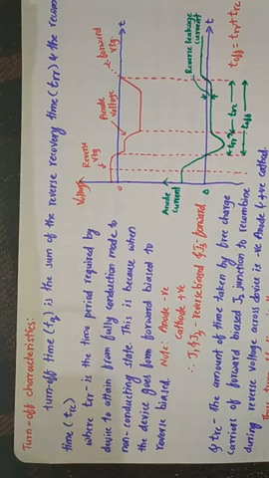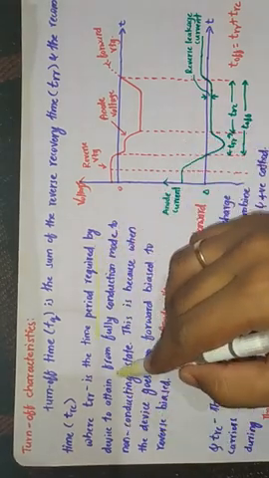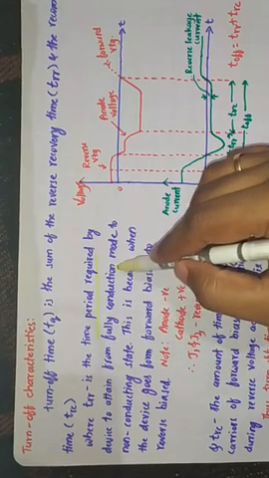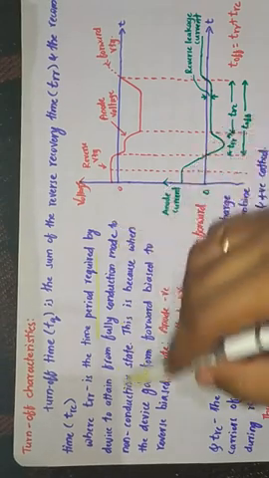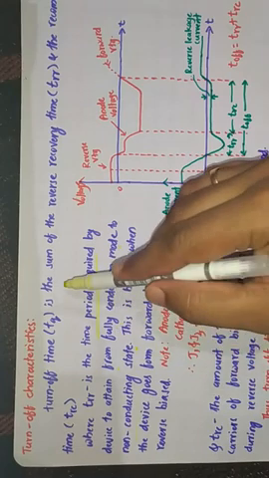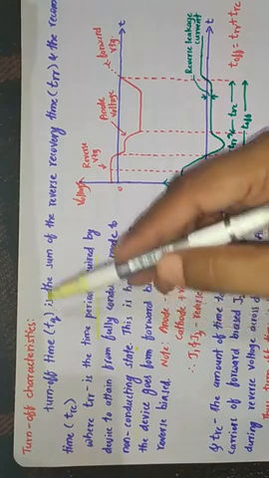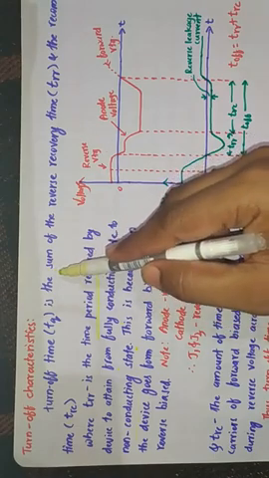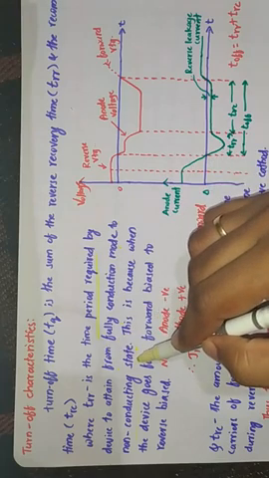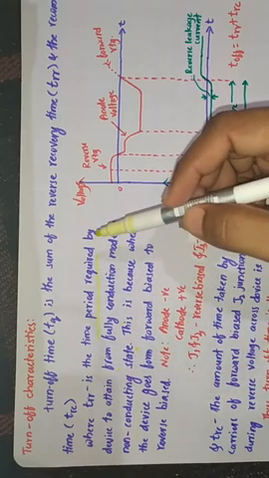It is the time period required by the device to go from the fully conducting mode, the on state, to the non-conducting state. If that transition time is TRR.